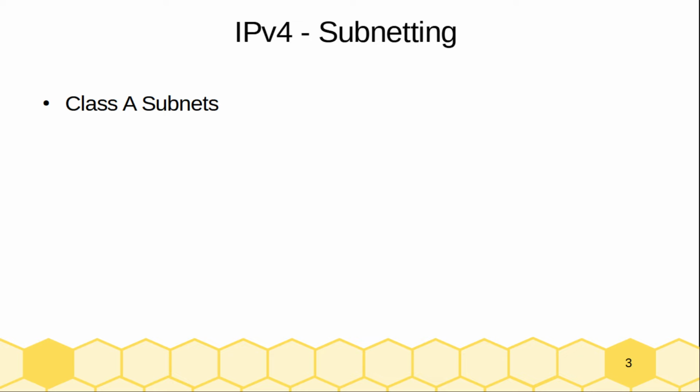That gives 16,777,214 hosts per network. To make more subnets in class A, bits from the host part are borrowed and the subnet mask is changed accordingly.